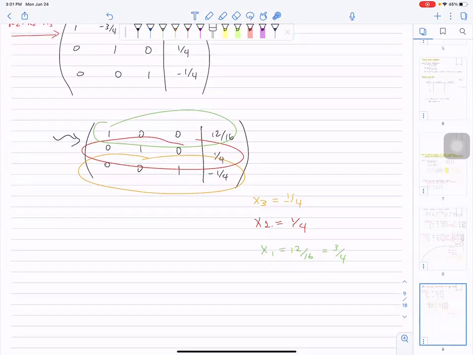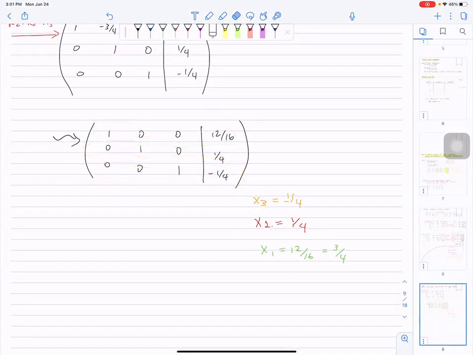Okay, something I want to point out is the rank. If we look at this matrix A here, what is the rank of A? You can shout out. Rank is how many leading ones you have. 3, right? If A is just these 3 columns, how many leading ones do you have? 1, 2, 3.